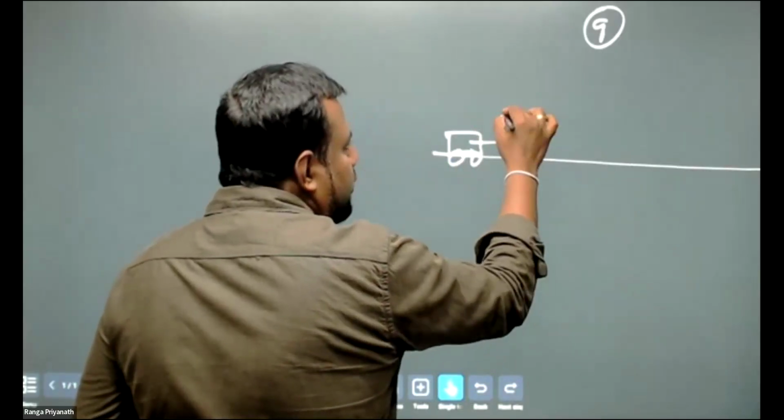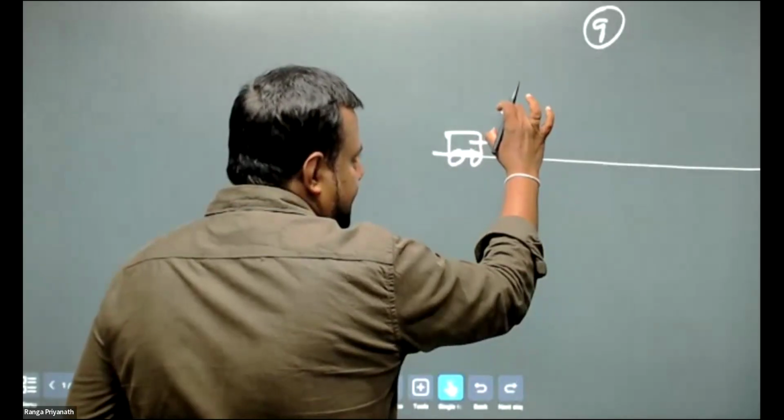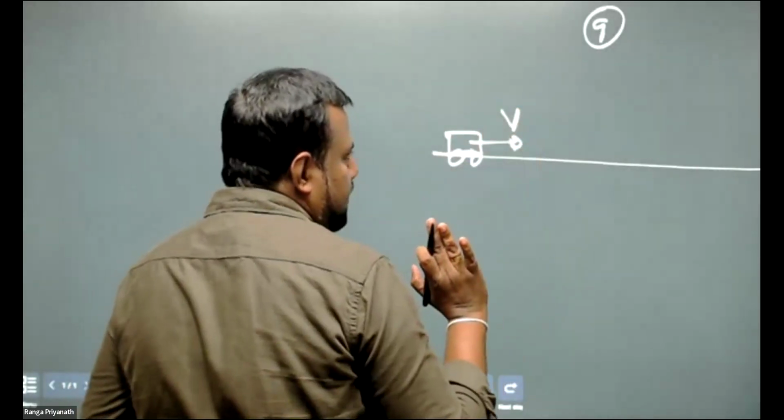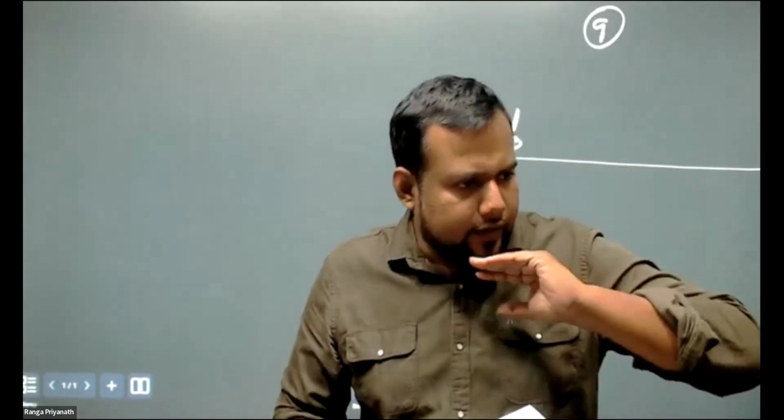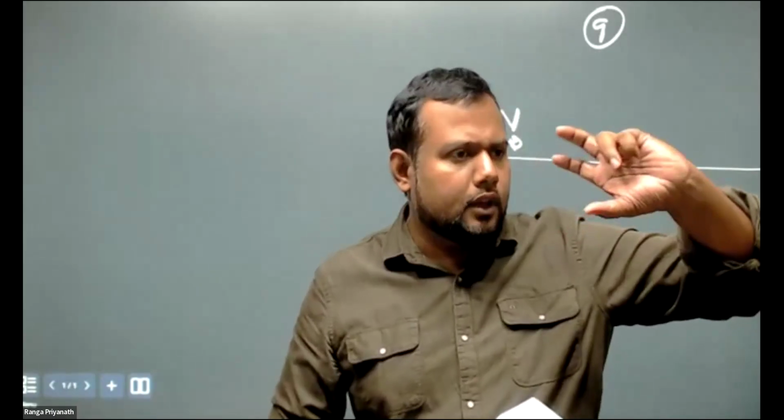For a vector, you have two things: one is the magnitude, another one is the direction. If the velocity is constant, that tells you the magnitude is constant and the direction is the same. Always it moves along a straight line with constant magnitude.